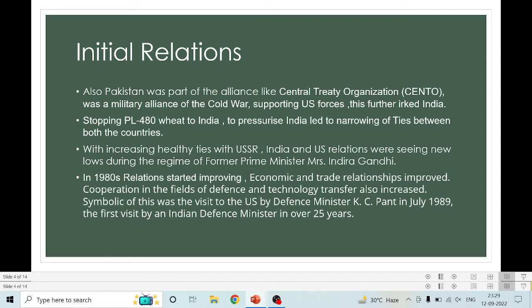So at that time, USSR, through its nuclear submarine, started guarding India. So this was something which further enhanced the relationship between India and USSR.